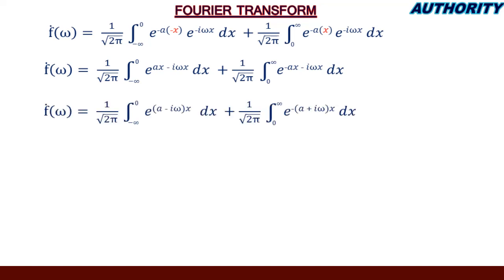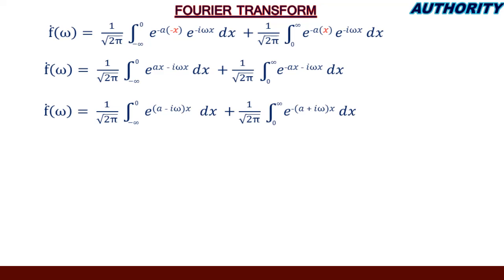Now that means we are going to have 1 all over square root of 2 pi, the integral from negative infinity to 0, e raised to the power of a minus I omega in bracket x dx, plus 1 all over square root of 2 pi, the integral from 0 to infinity, e raised to the power of minus a plus I omega in bracket x dx. All right? Yes. So from here, we can go ahead and integrate.